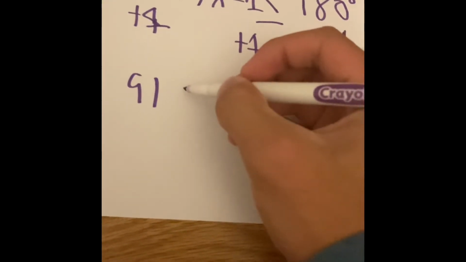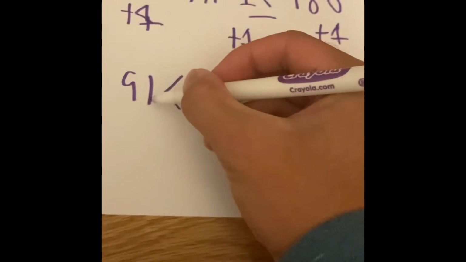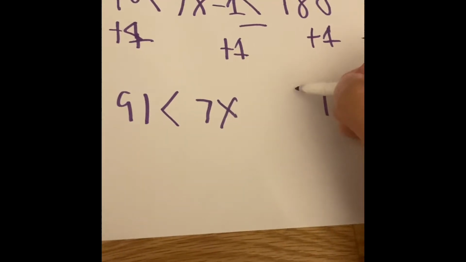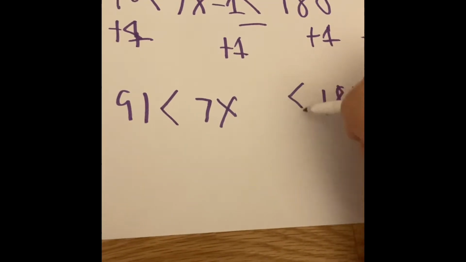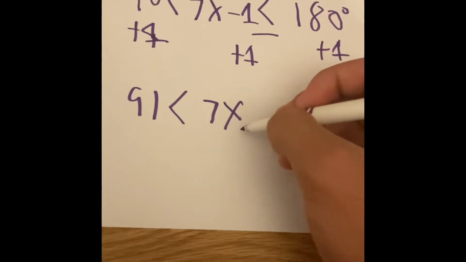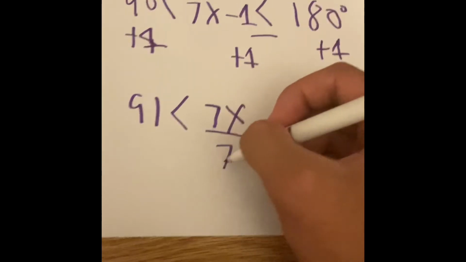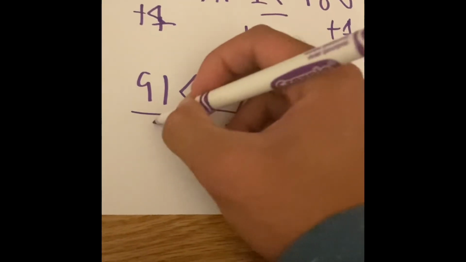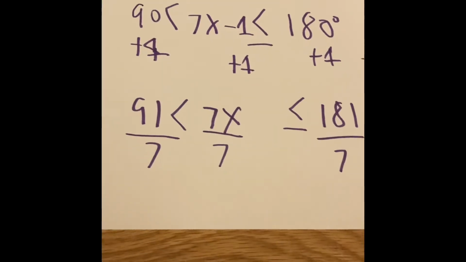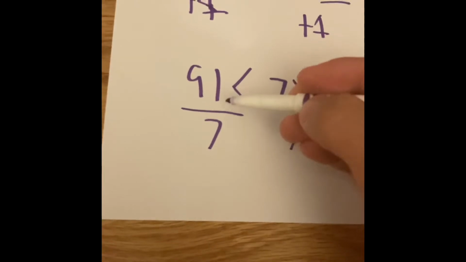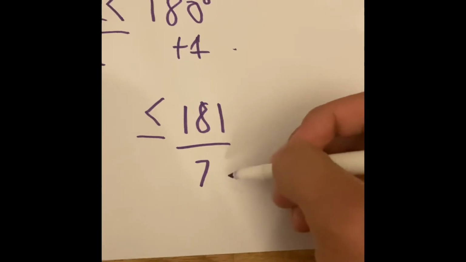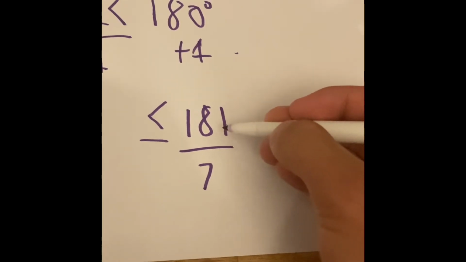So, we have a simplified equation as 91 has to be less than 7x, which can be less than or equal to 181. And to get x alone, we're going to have to divide this by 7, this by 7, and this by 7. But the problem is, how can you divide evenly by 7 with 91, and how can you divide evenly by 7 with 181?